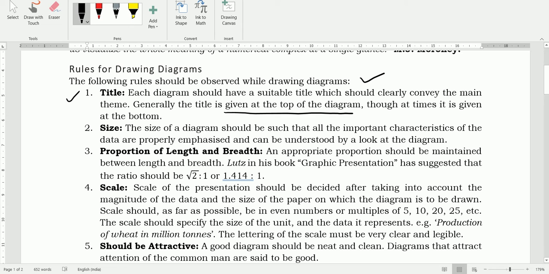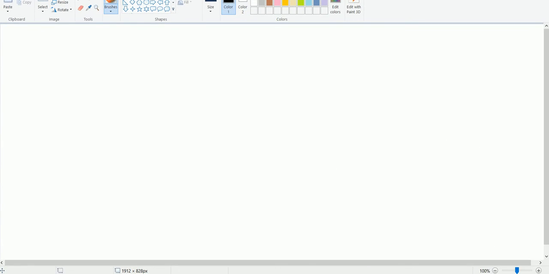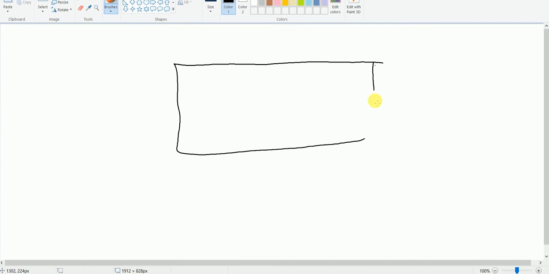In the textbook you may find that the title is given at the bottom, but in practical work, say for example this is the paper, and here we have the diagram, and the title should be given here. Sometimes in the book the title is given at the bottom also, but generally we give the title here.